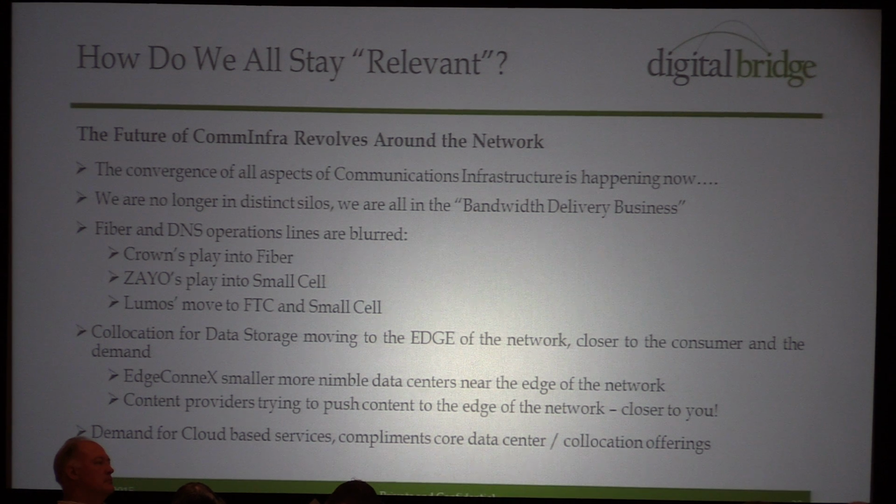But as they think about it, the key problem for content providers today is pushing content out to the edge. If you can't provide content out at the edge, the core of your network gets congested. And so a lot of carriers today, particularly the content providers, we hear this from Google, we hear this from Amazon, we hear this from Netflix, we hear this from Facebook, we hear this from Twitter. They want to start pushing content to the edge of the network. And the only way you do that is through smaller, more nimble, periphery-located data centers, which ties actually very neatly back to outdoor DAS.